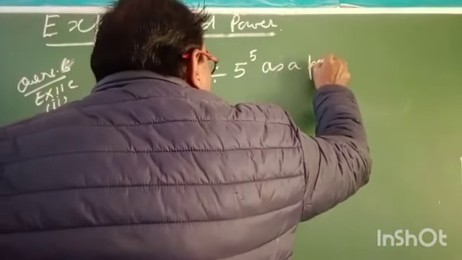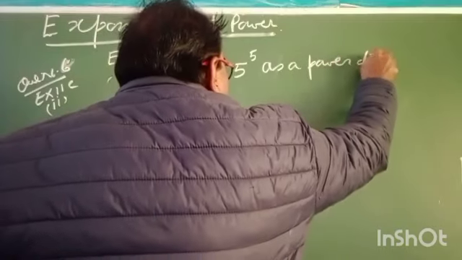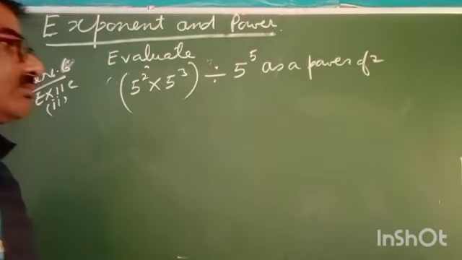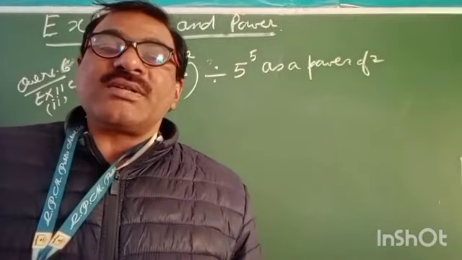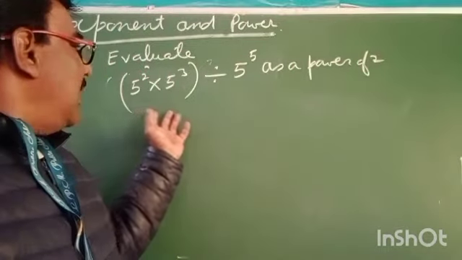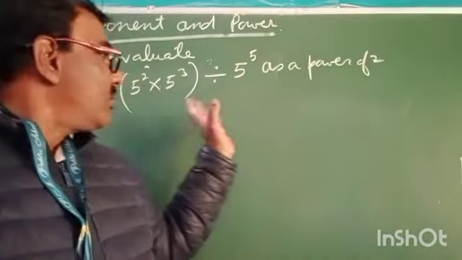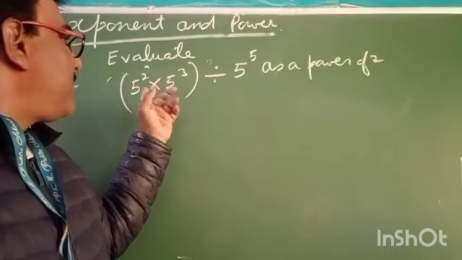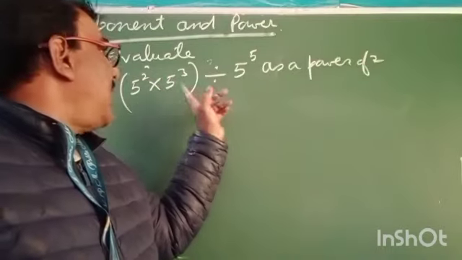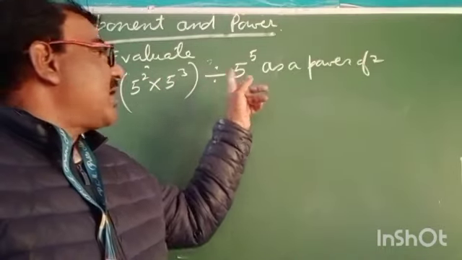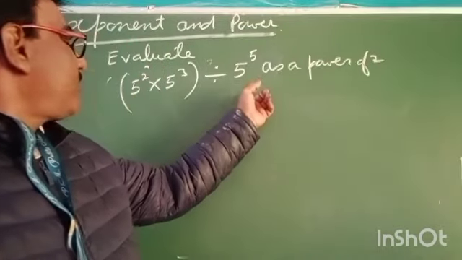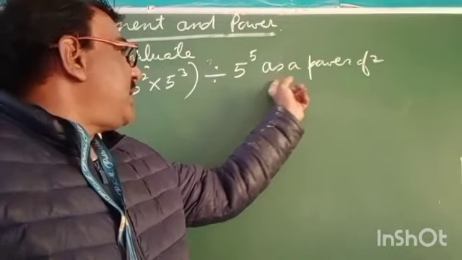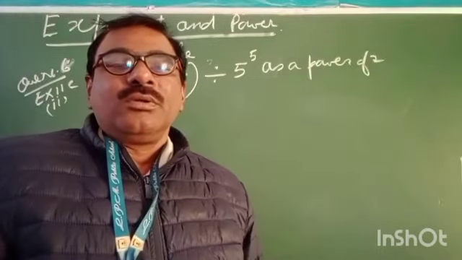Dear students, first of all, I will explain this part, 5 square multiply 5 cube divided by 5 to the power 5. After this, I will explain as a power of 2.